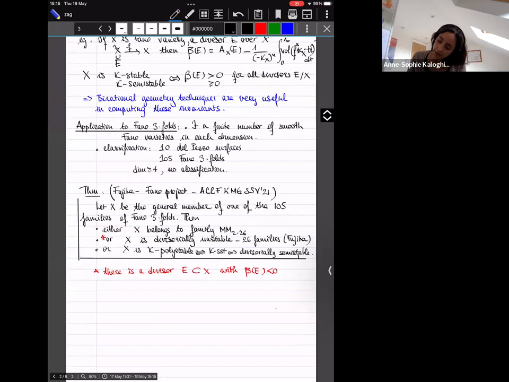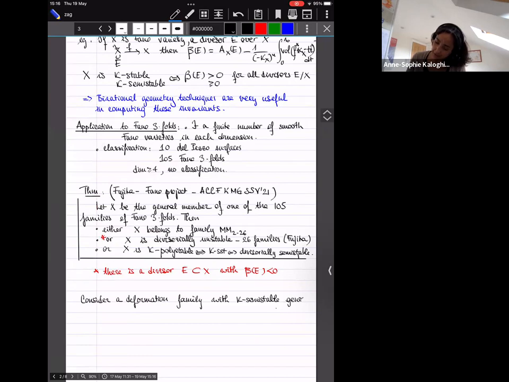So let's consider a deformation family with K-semistable general member.